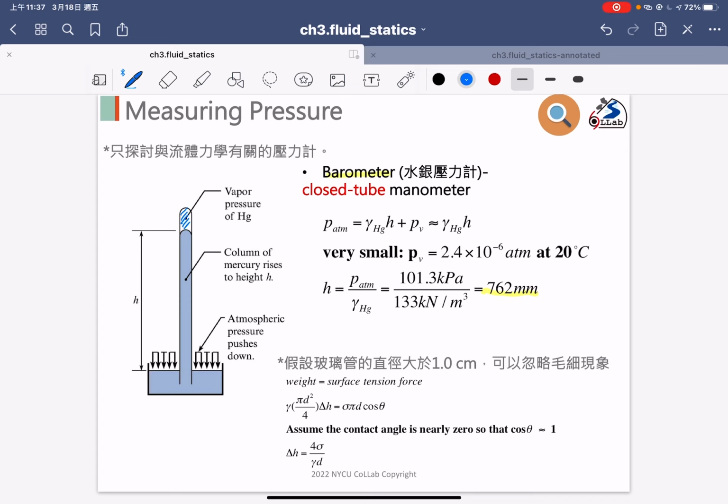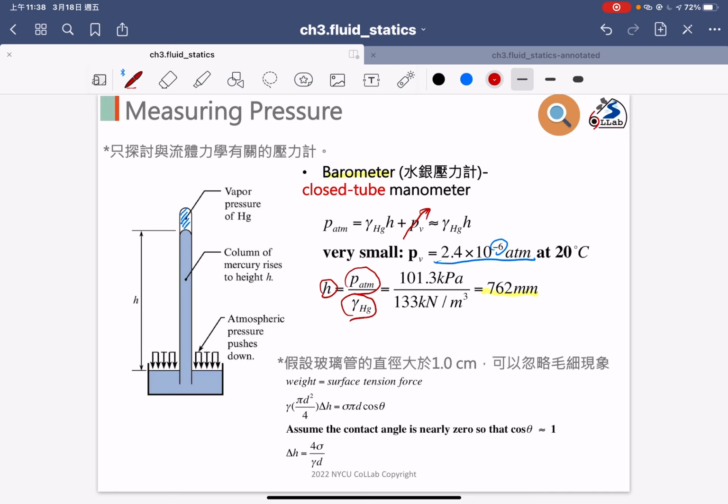Okay, so if you check the table for mercury, the vapor pressure is quite small. It's 10⁻⁶ atm. So usually we neglect the vapor pressure term. And then finally, we only have P atm and gamma Hg, and we can compute the theoretical deflection height for the Hg material.